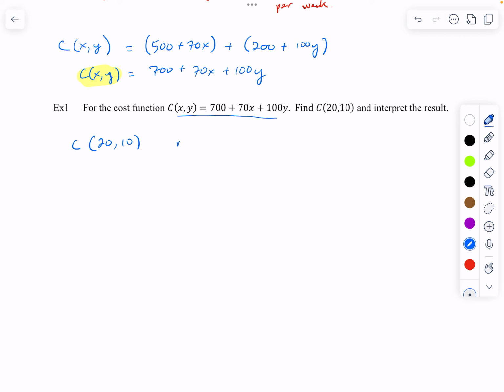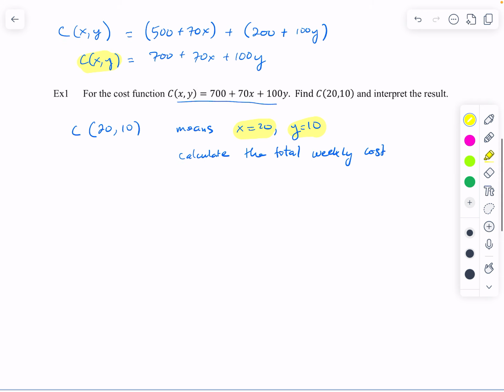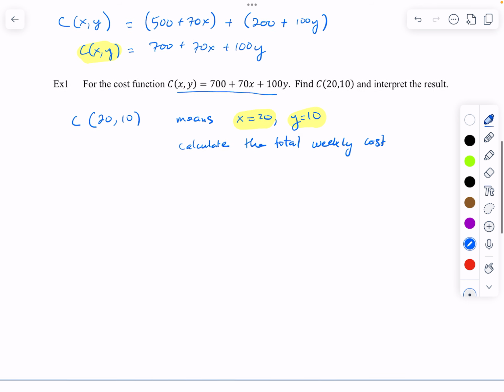This means x is 20, y is 10, and we want to calculate the total weekly cost of producing 20 standard surfboards and 10 high performance competition boards.